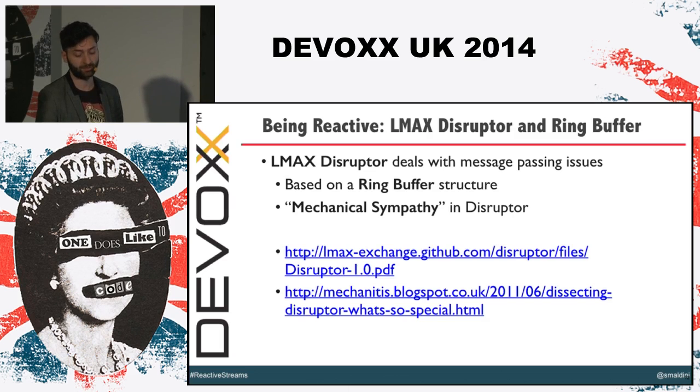False sharing means you optimize your CPU hops exchanges between producer and consumer, which is one of the bottlenecks you can ultimately find in message passing between a producer and a consumer. How you deal with the structure sharing, even at the core, at the CPU level. All of that is dealt with brilliantly by the LMAX Disruptor and ring buffer.